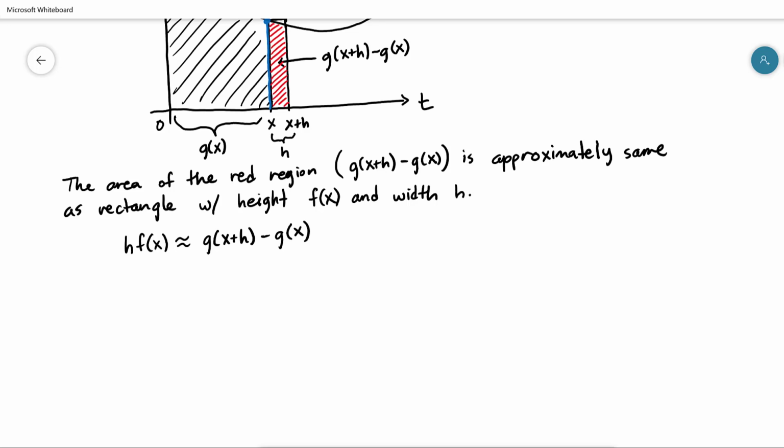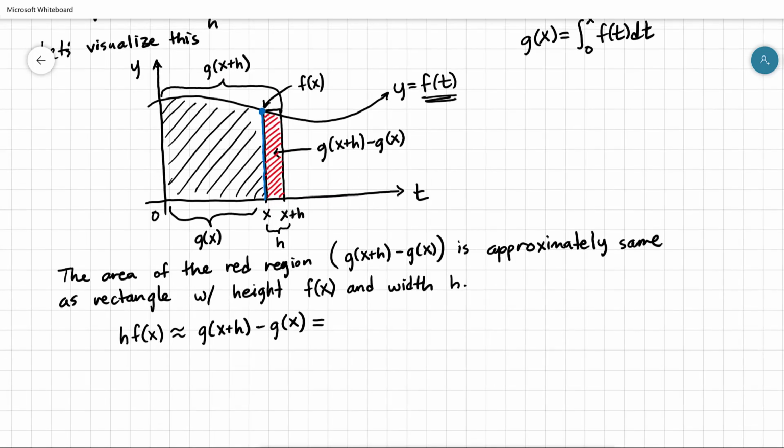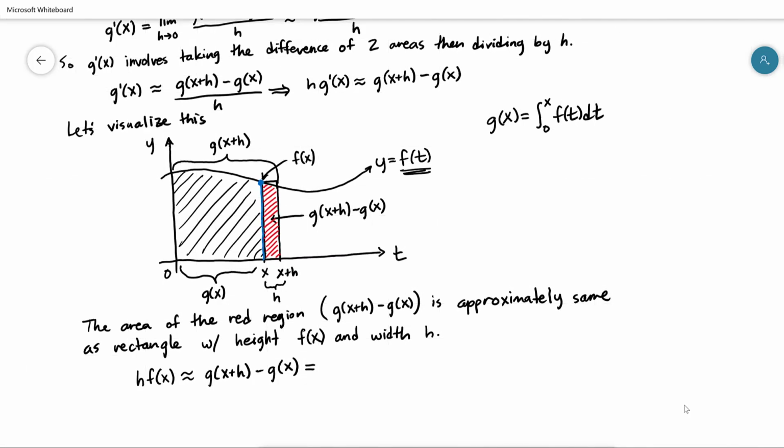And according to what we wrote earlier, after doing the algebra up here, what is g of x plus h minus g of x also approximately equal to? It's approximately equal to h times g prime of x. So algebraically, we found a relationship between g prime of x times h being this g of x plus h minus g of x.